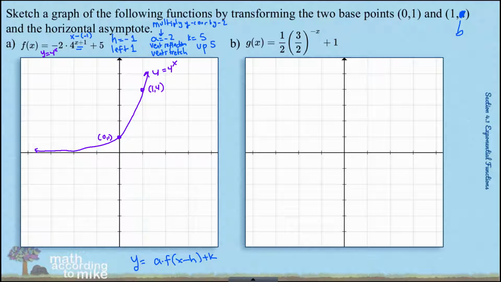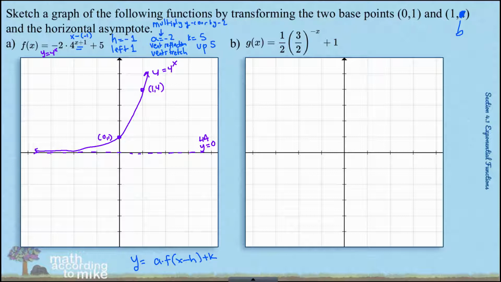And remember, it has an asymptote at y equals 0. So we're going to manipulate this purple graph. What we're going to do is go through all 3 steps, H, A, K, in that order.